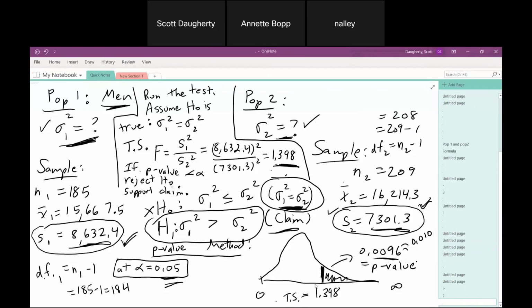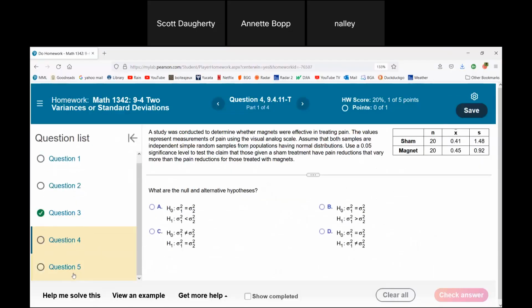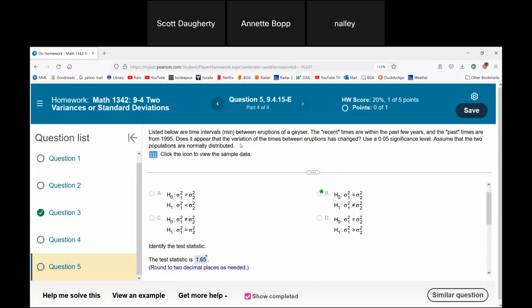Okay, one other thing, and then we're pretty much done. You'll see in the homework, like when you get to number 5, this one says, listed below are time intervals in minutes between eruptions of a geyser.